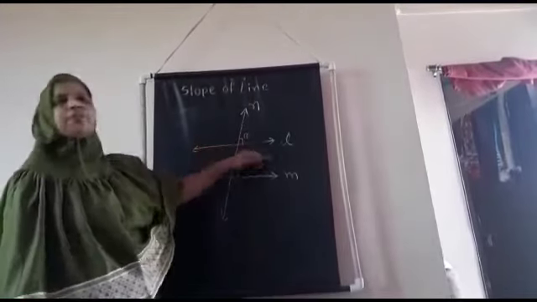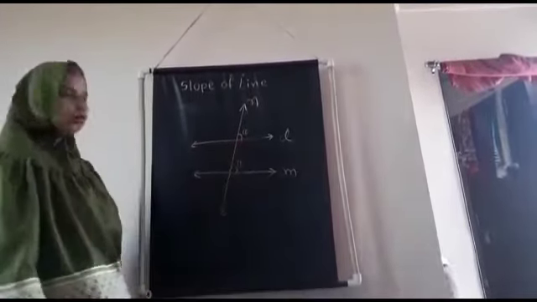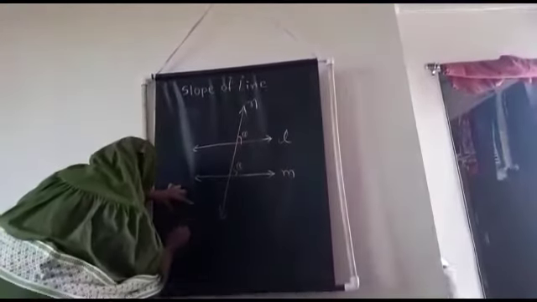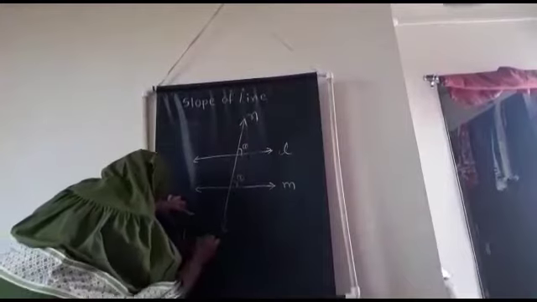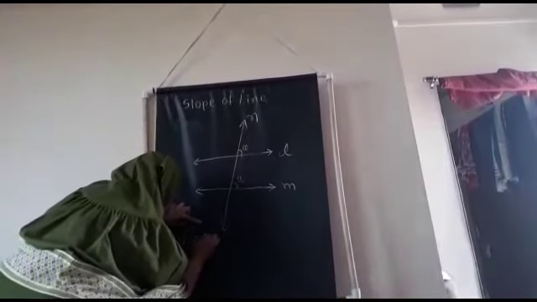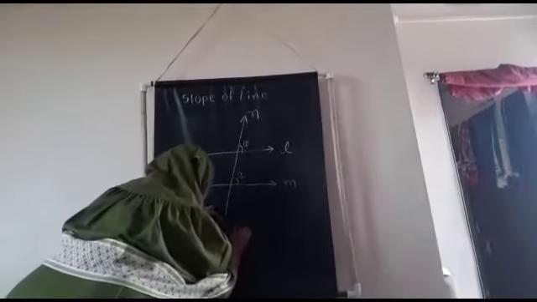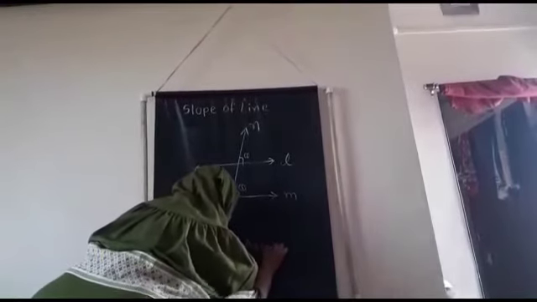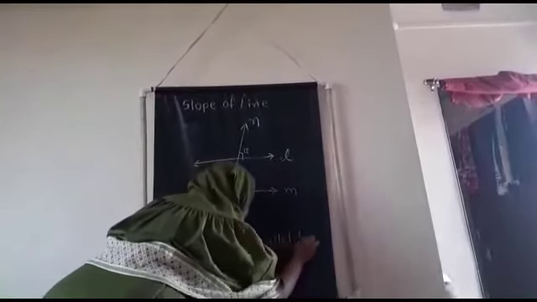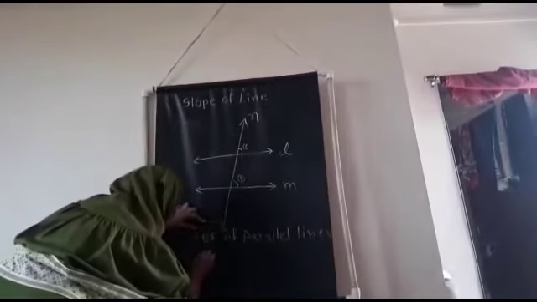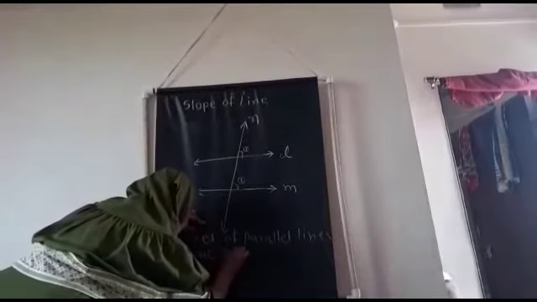Therefore, slopes of parallel lines are equal. So from this activity, the result is that slopes of parallel lines are equal.